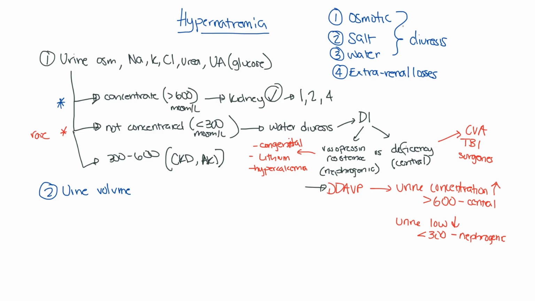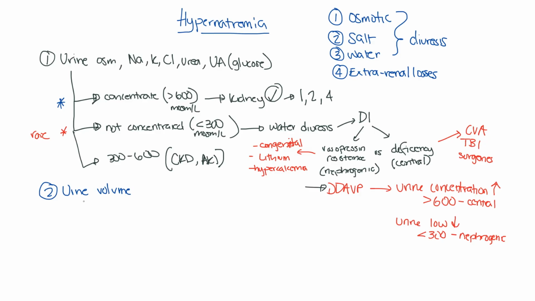This leads to a patient losing water through their kidneys, but the kidneys are trying to concentrate. Okay, a salt diuresis is similar, but it's with salt. And extrarenal losses are where the kidney is trying to withhold everything, but it's not getting an excess number of osmoles per day. So how do we make that determination?